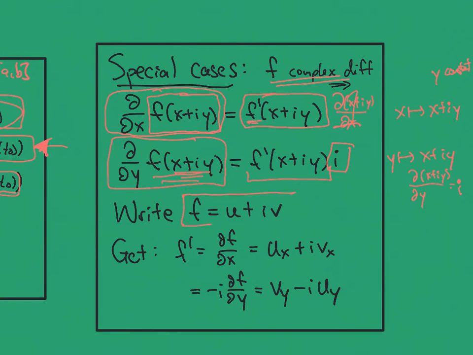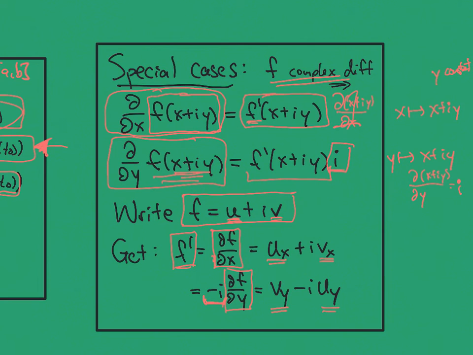So here's just another way to write that. If f is broken up into its real and imaginary parts, what this says is that we took the partial of f with respect to x, so you could view that as taking the partial with respect to x of the real part and the imaginary part separately, and the above computation showed that that was always equal to the complex derivative. On the other hand, for the partial with respect to y, if we correct this i term by multiplying by minus i, we get that f prime is also equal to these partials with respect to y.